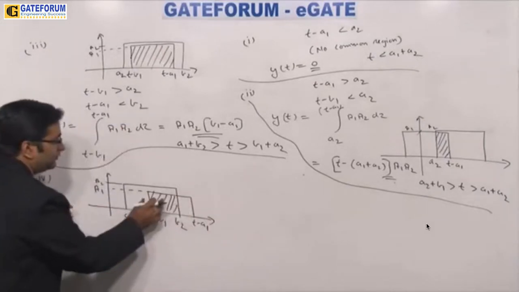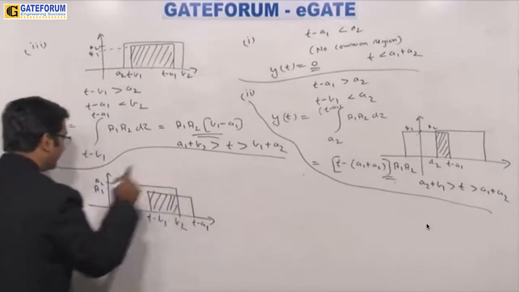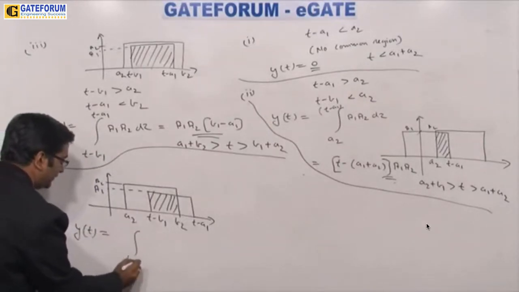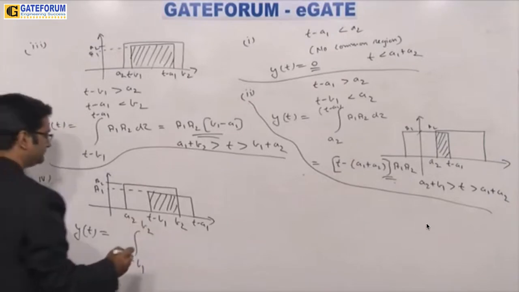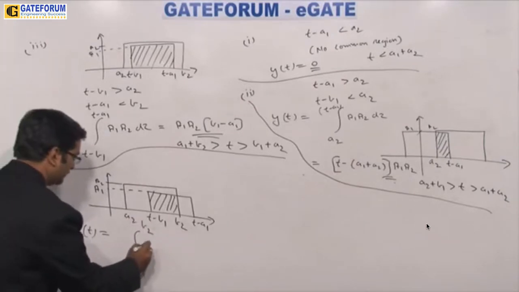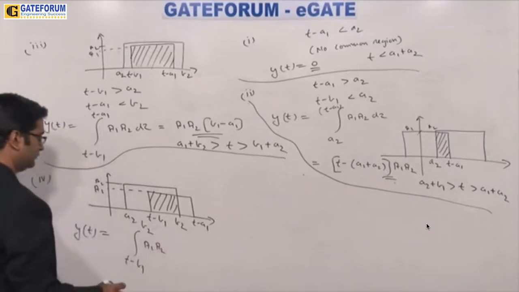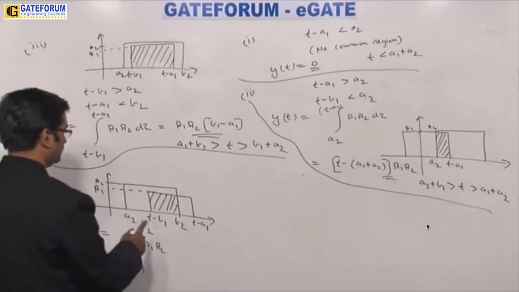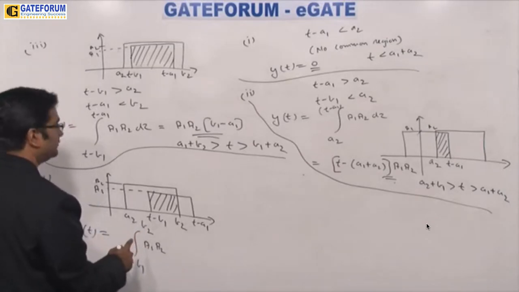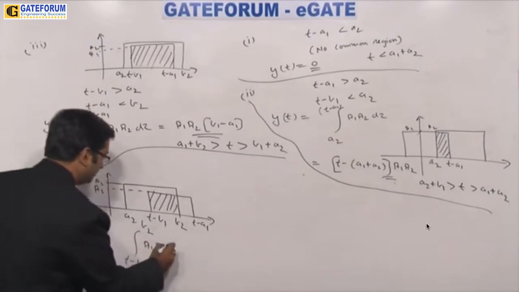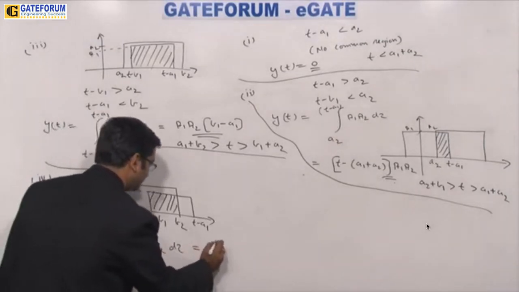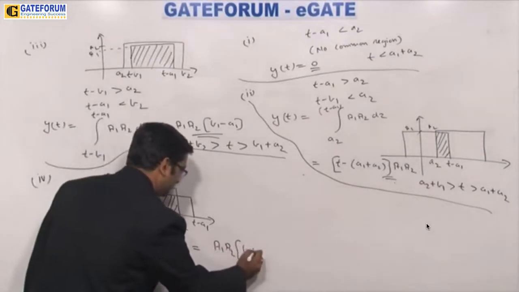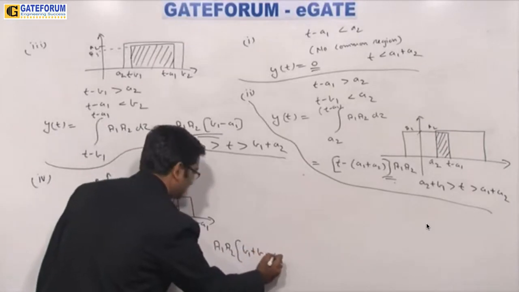Now once it is coming out, this common region will keep on decreasing. Then we will see that there will be negative slope in our output. Now output y(t) is nothing but the integral from t minus b1 to b2 of a1 a2 d tau. This is equal to a1 a2 (b1 plus b2 minus t).